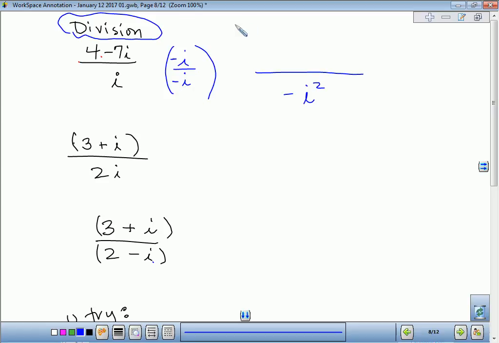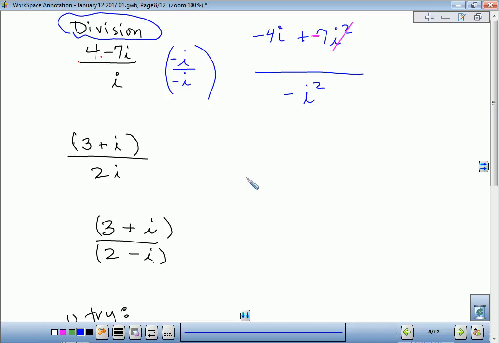So, negative i. Up top, we're going to distribute that. And we'll get negative 4 plus 7i squared. But what is the value of i squared? Negative 1, so that changes that. That should be an i right here.